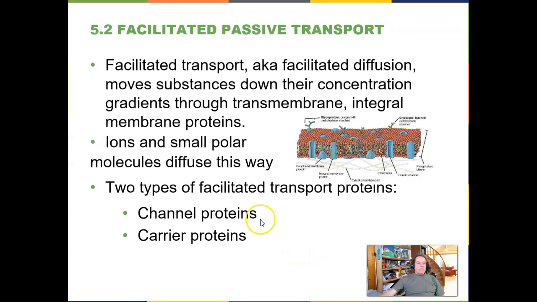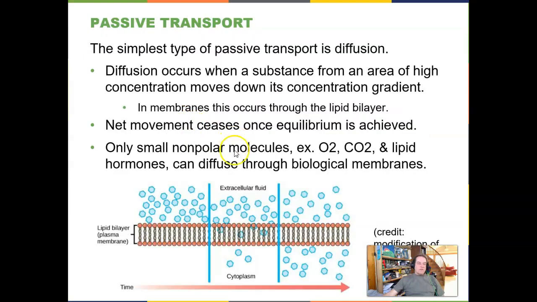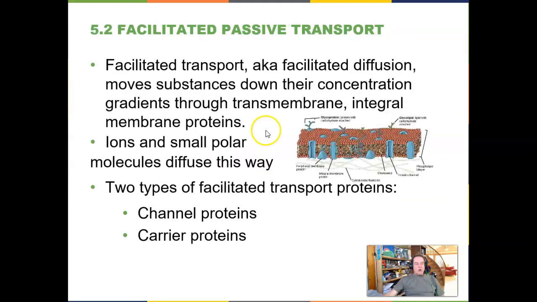Now, what do we do to allow things to move passively that are too big to pass through the cell membrane? Things that are larger than water, your gases and lipids, or more charged than those things. We've got either channel proteins or carrier proteins, and these are simply proteins that allow for a bigger hole punching through the cell membrane to allow a molecularly larger structure to go through.